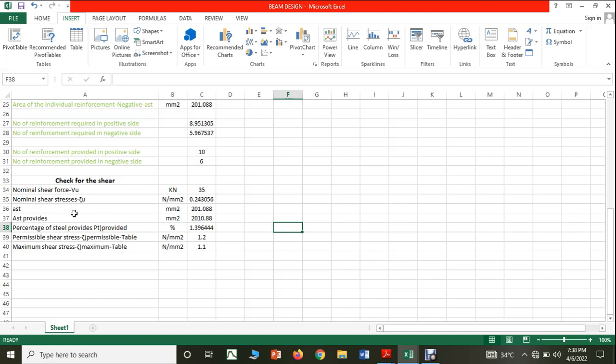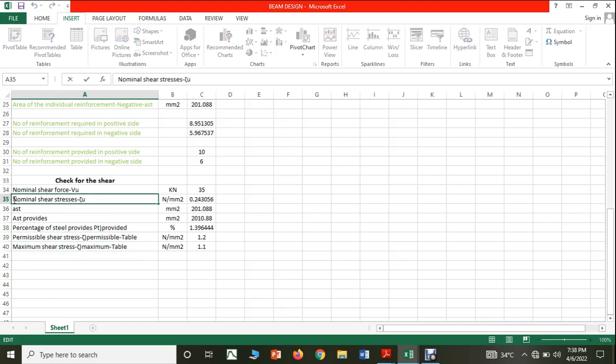If my nominal shear stress is less than the permissible shear stress, I'll just write here: nominal shear stress is less than the permissible shear stress.